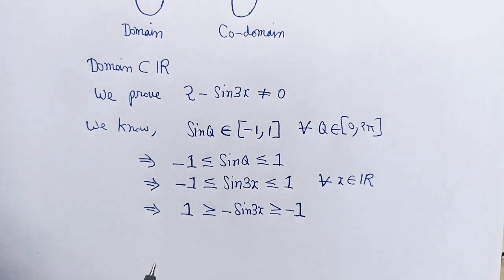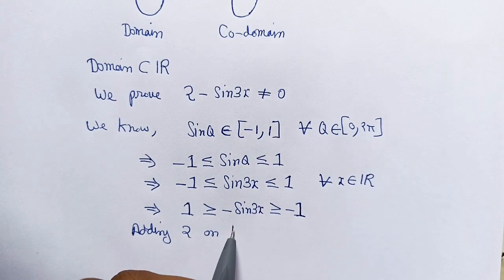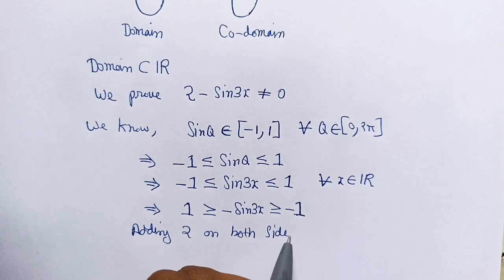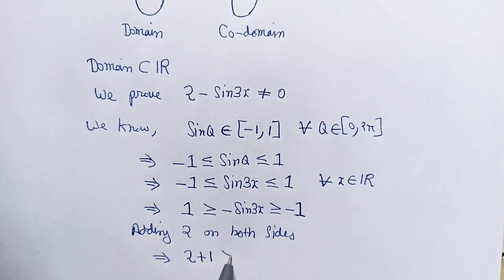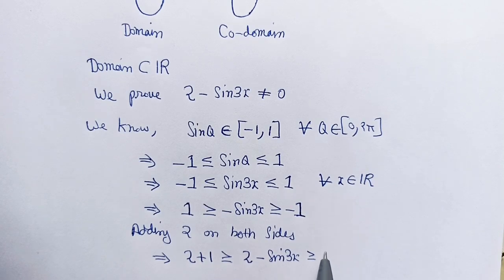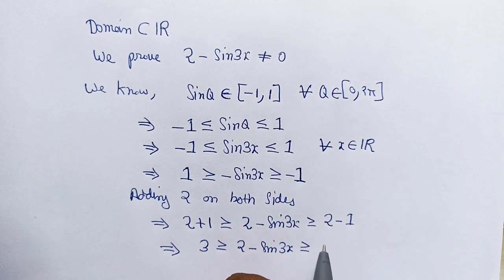Now adding 2 on both sides, this implies 2 plus 1 is greater than or equal to 2 minus sine 3x, which is again greater than or equal to 2 minus 1. This gives the inequality 3 is greater than or equal to 2 minus sine 3x, and this portion is greater than or equal to 1.